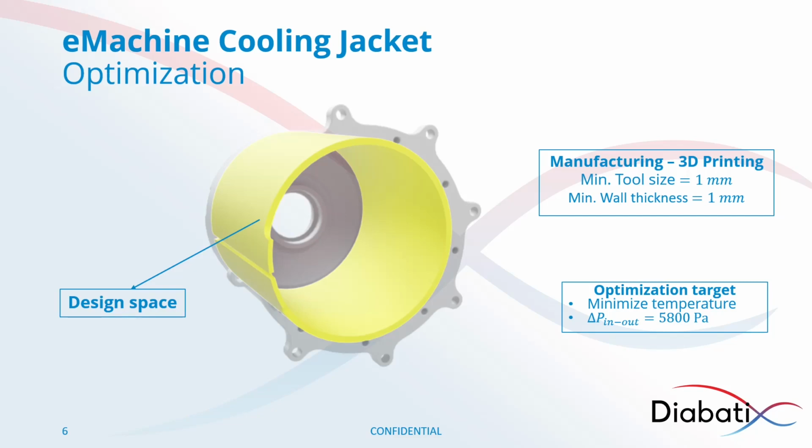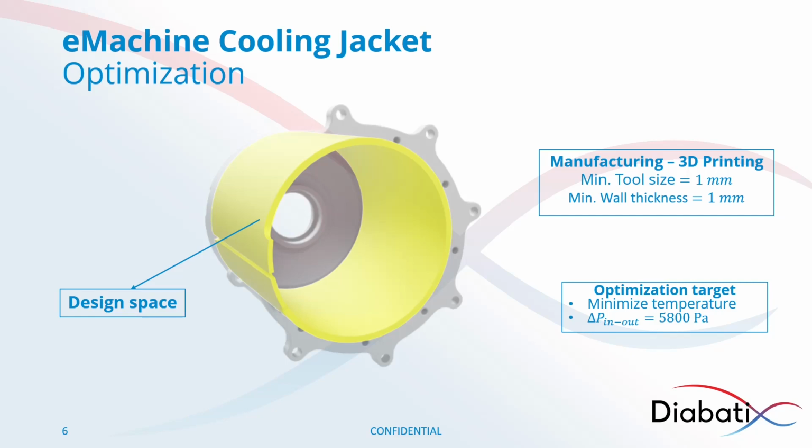When you look at the optimization target over here, I have the first point, which is to minimize temperature, and minimizing the temperature as a whole would be an objective, or it's something that you're looking to optimize for the design case. The second thing that you have over here is a pressure loss that this case cannot exceed.